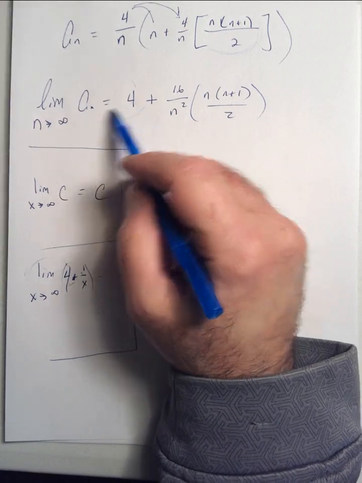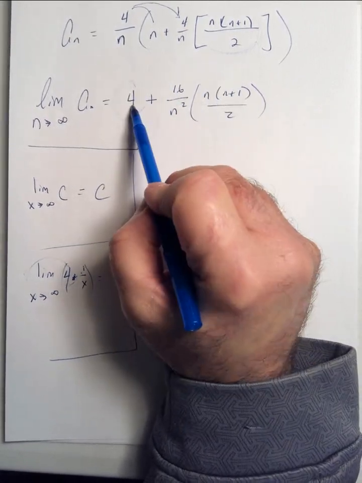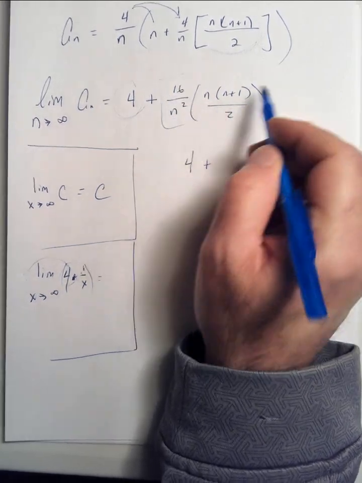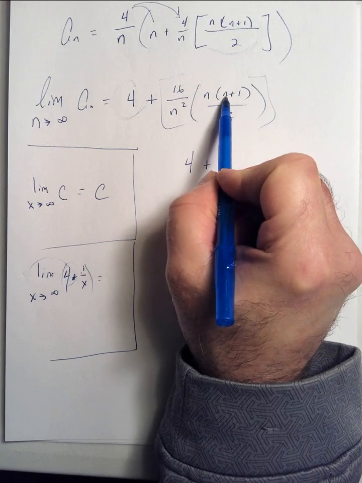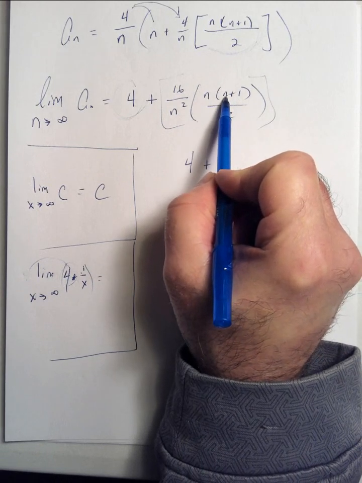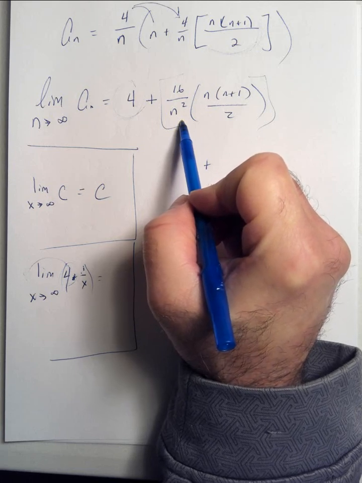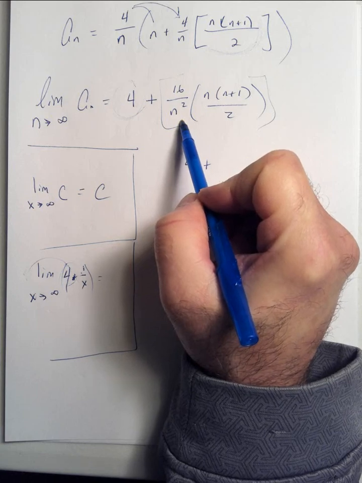So looking at this, I can look at the sum of the limits. I'm going to find the limit here, and I know that's just 4. Then I have to focus in on this other part. Looking at the numerator, the degree is n squared, and the denominator is n squared. So we know we have a limit because the degrees are the same. The question becomes, what is the leading coefficient?